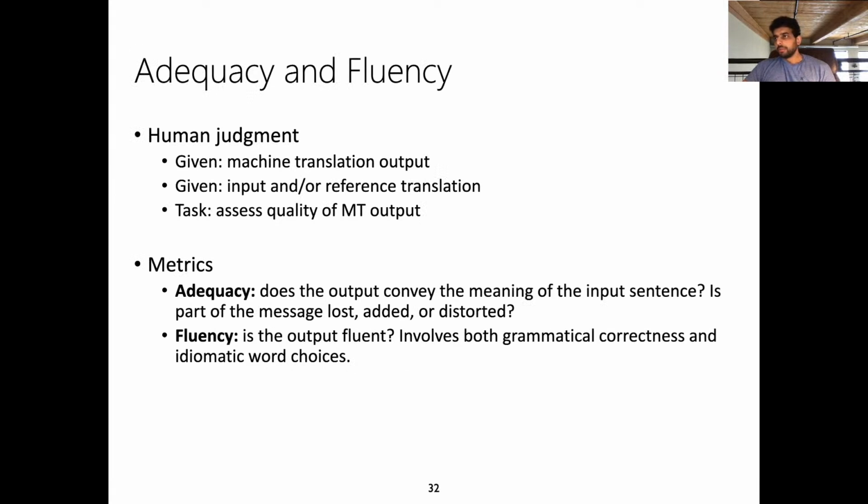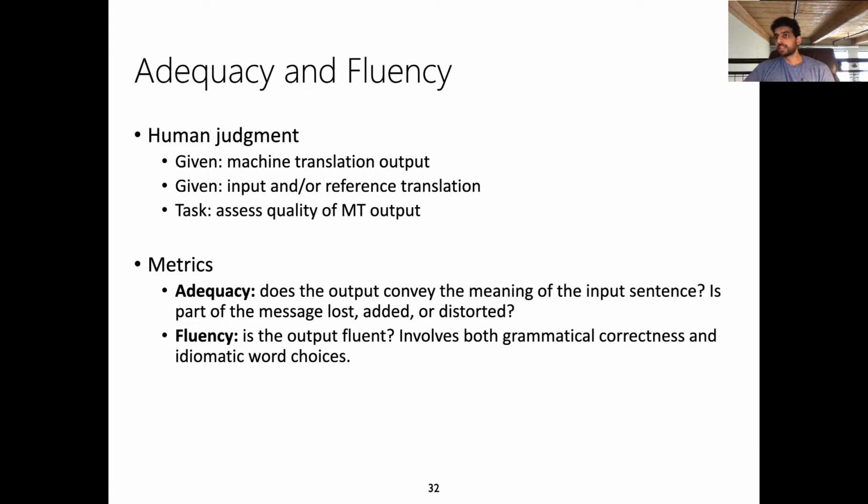So there are two basic ways in which we want to evaluate the outputs of a translation system, and also other text generation tasks, and these are adequacy and fluency. Adequacy measures essentially, does the output in machine translation have the same meaning as the input sentence, right?